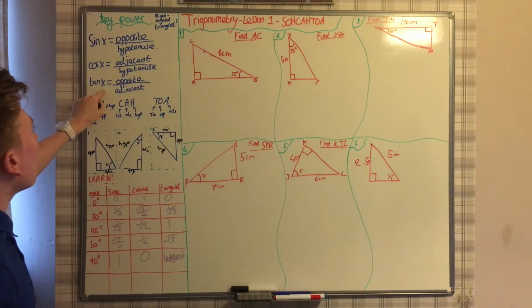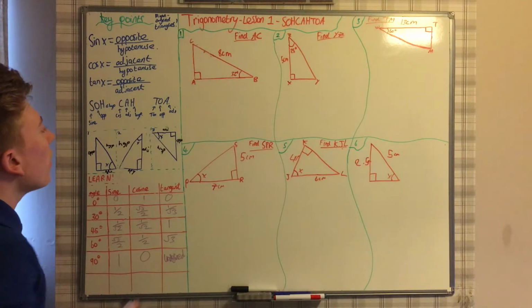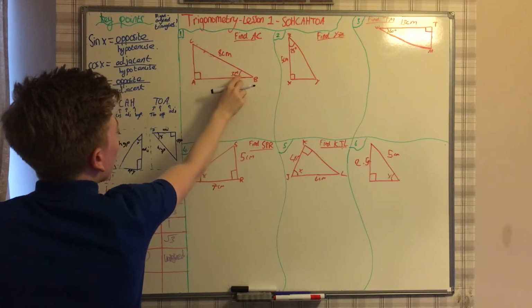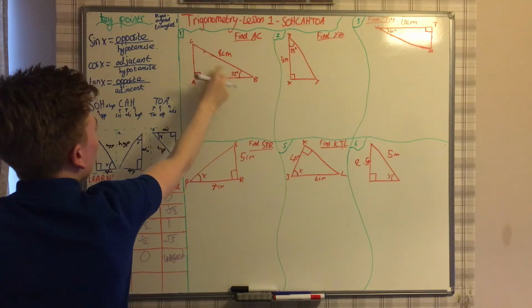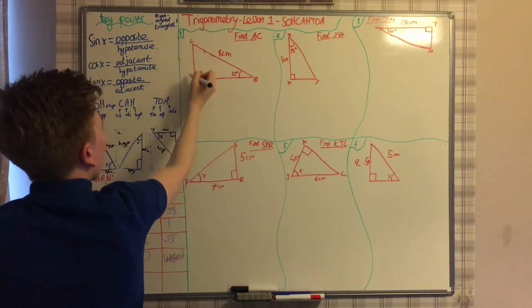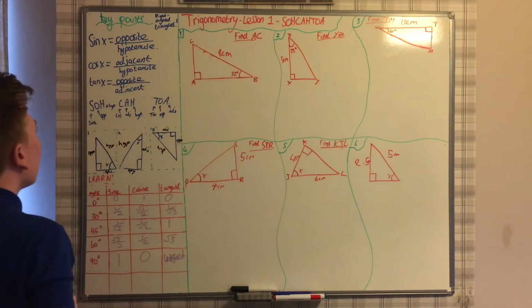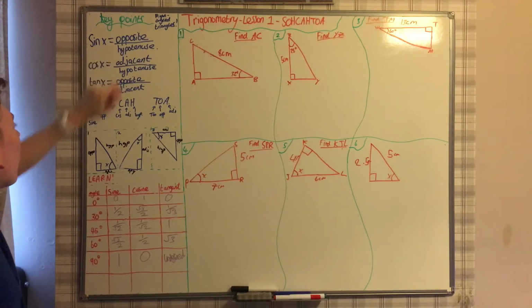So we know that we're not going to be applying tan, because that doesn't involve using the hypotenuse. We're trying to find this side here, which, as we can see, we're given an angle of 32 degrees, and this is opposite to that angle. So we have the opposite side we're trying to find, and we have the longest side, which is the hypotenuse. So opposite and hypotenuse, as we can see, is sine.